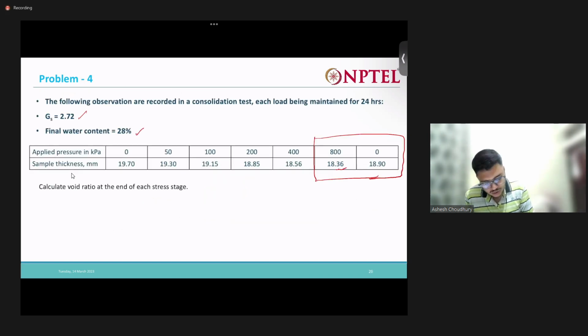Okay, so we knew the void ratio here, so from there we find out the void ratio at this stage. Okay, e1, we are calling this e1. So this one we knew, from here we determined this one. But similarly, we can determine it for all the stresses, for each stress stage.